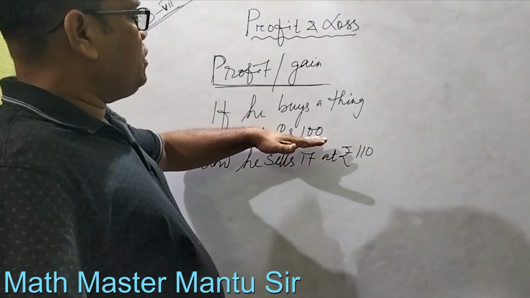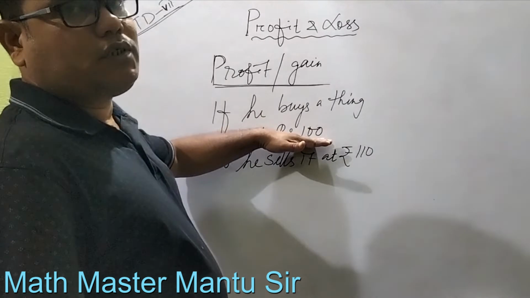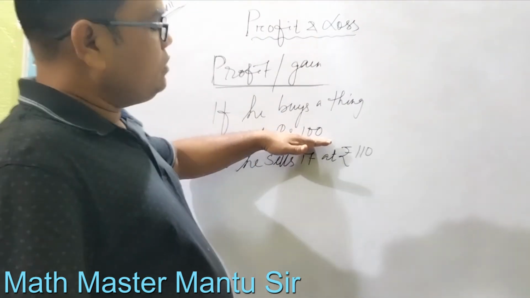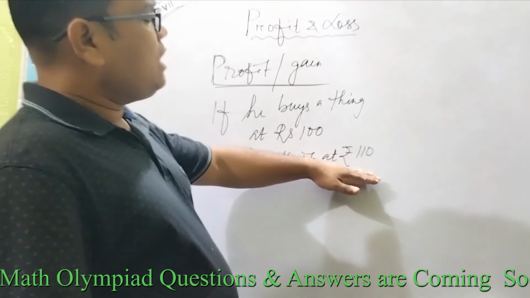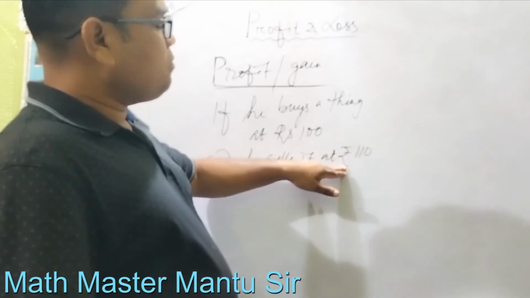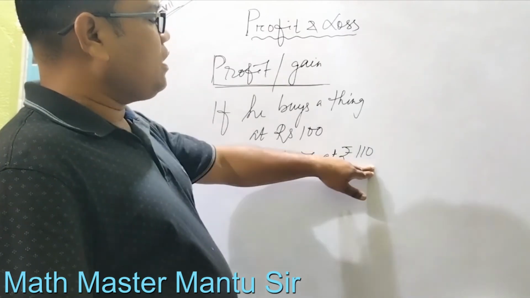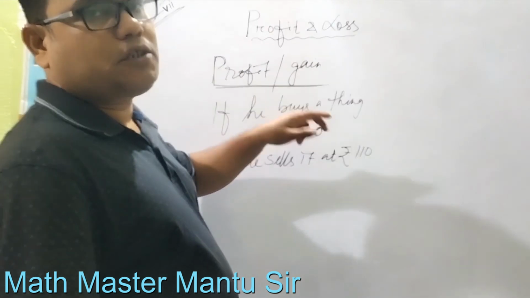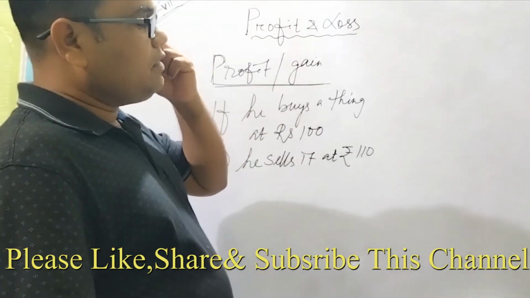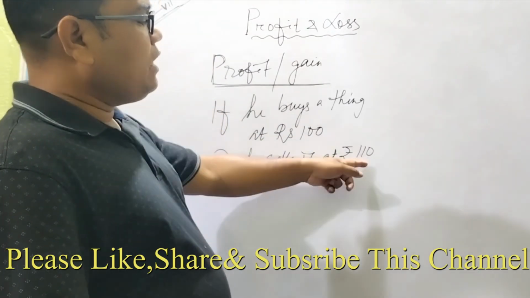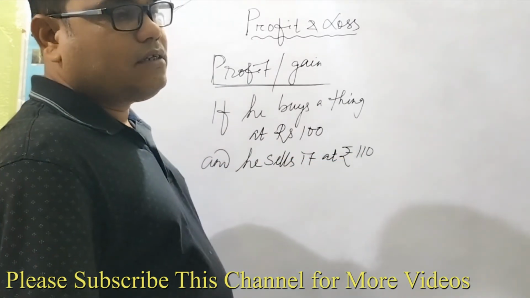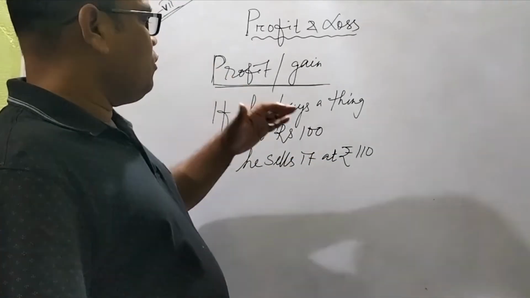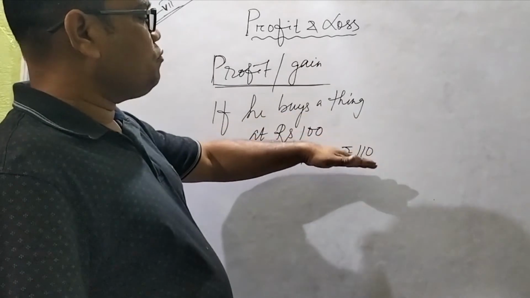Here, buying means this is the cost price of the thing. Selling means this is the selling price of the thing. And here you can mark the selling price is greater than the cost price. That's why in this scenario, he will gain an amount of rupees 10. So the overall profit on that thing is rupees 10.